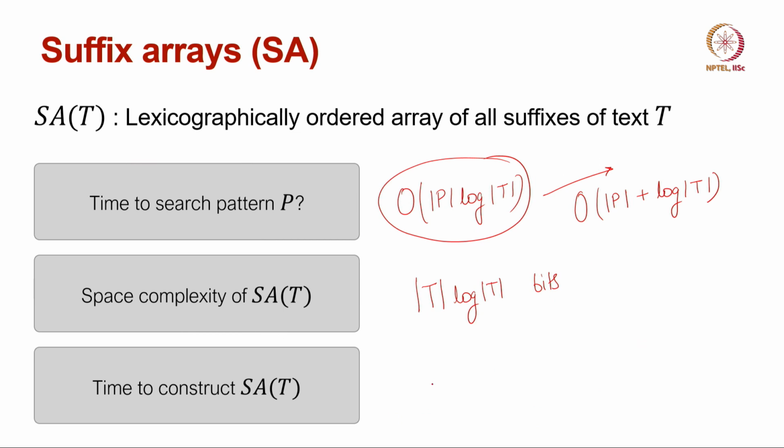So if we just apply a standard sorting algorithm to sort these T suffixes, we end up with a time complexity of T square log T, using a standard merge sort on strings.